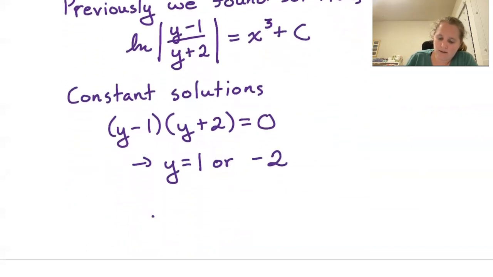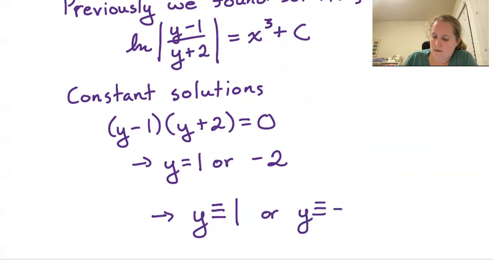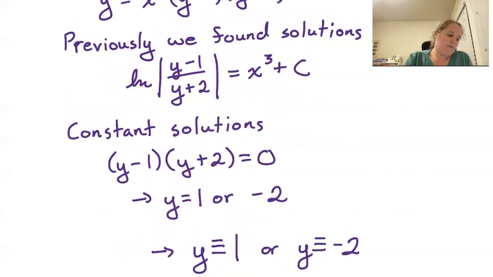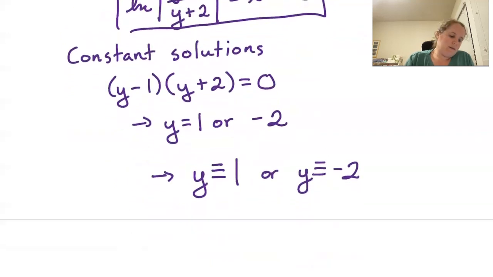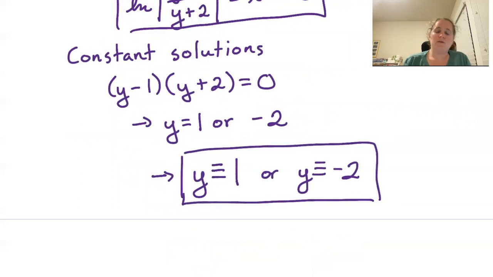And so our constant solutions would be y is the constant 1, or y is the constant -2. So again, we have the ones we find via integration, but we also have these additional constant solutions. y is identically 1 or y is identically -2.